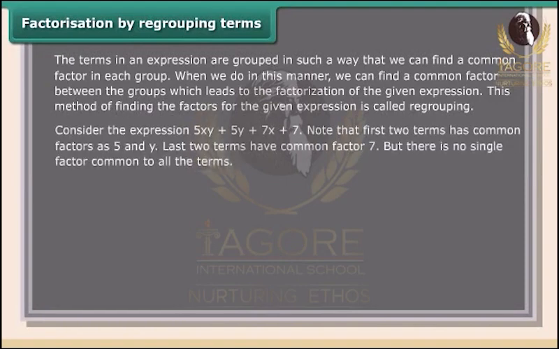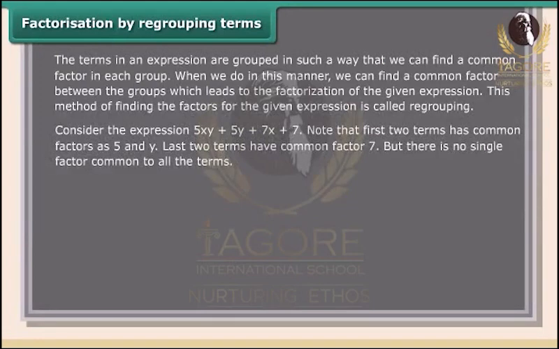Consider the expression 5xy plus 5y plus 7x plus 7. Note that the first two terms have common factors 5 and y. The last two terms have common factor 7.